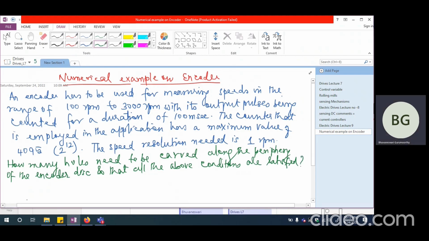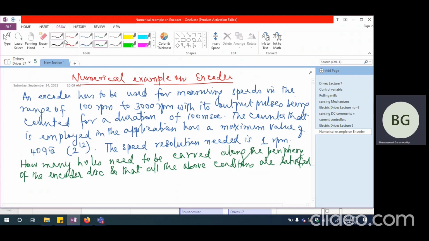Okay, so this is what is being given as the problem. So let us try to see how to work out the solution for this.